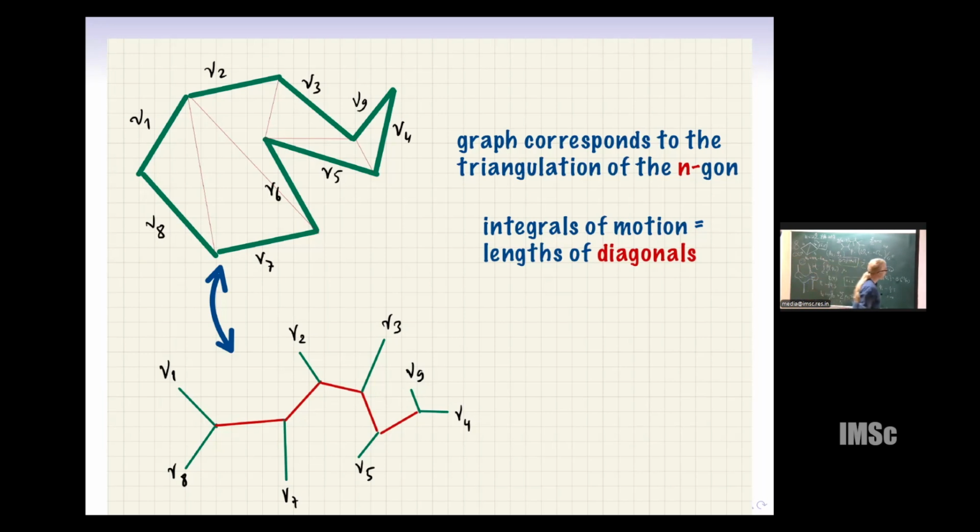In fact, these degenerations are in one-to-one correspondence with the ways of triangulating this n-gon by non-intersecting diagonals, which split it into triangles.